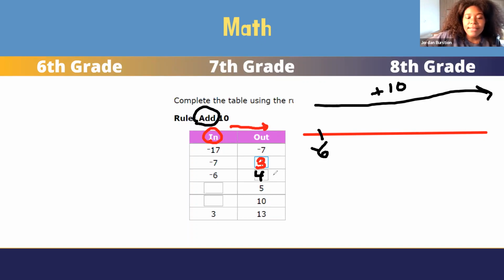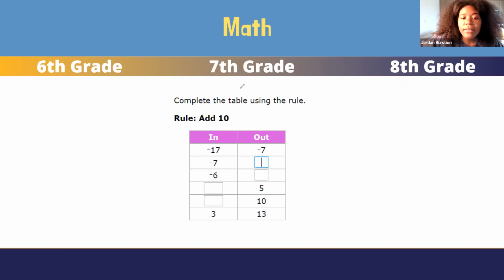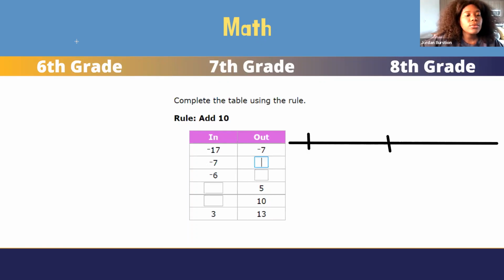Awesome, awesome. Now the last 2 pairs are a little bit tricky. They gave us the output, so we have to kind of work backwards in our heads. I'm gonna clear off the screen a little bit. I'm gonna make a number line. I'm gonna put 5 because that's the output, and that's 0.